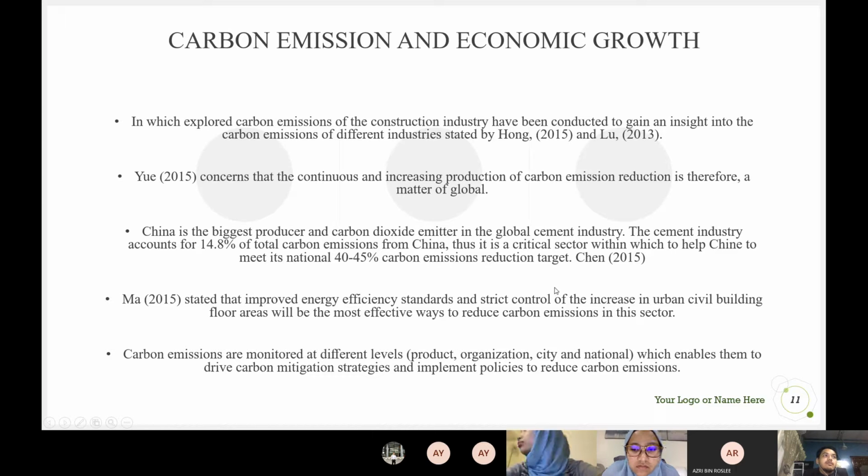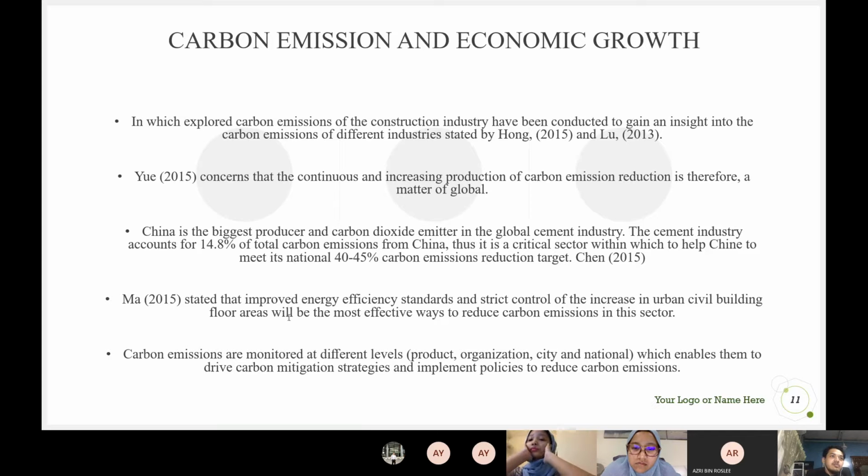To improve the energy efficiency standards and strictly control the increase in urban civil building floor areas will be the most effective ways to reduce the carbon emissions in this sector, as stated by Ma 2015.